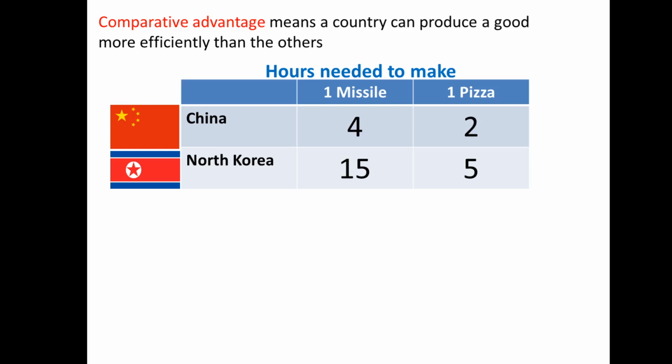When we are trying to decide whether we should have international trade or not, we need to look at comparative advantage. Basically, when you are thinking about whether you should trade some goods with other countries, what kind of good should we trade? We are going to trade only if we can produce that good at a lower opportunity cost.